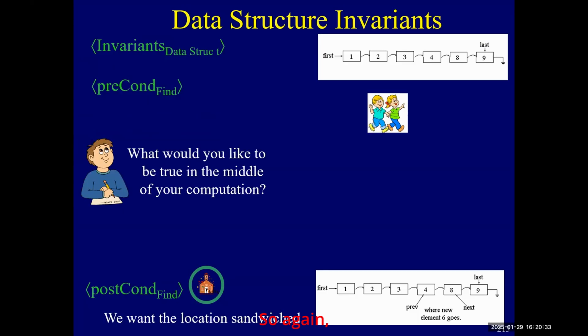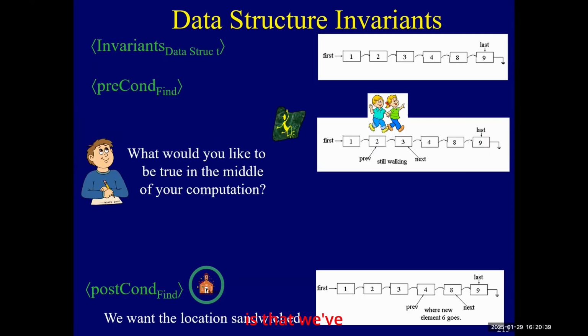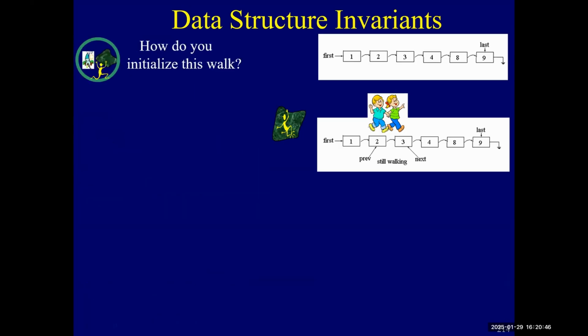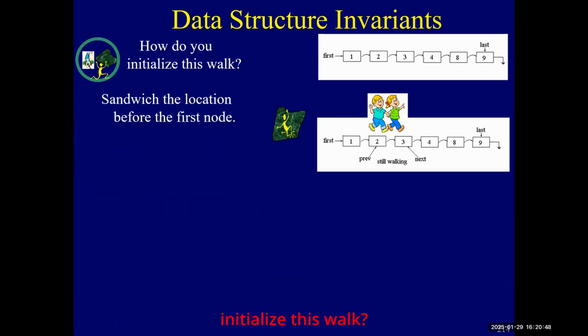So again, we need a loop invariant. What's going to be true in the middle? What's going to be true in the middle is that we've walked part way. So how do you initialize this walk? You could sandwich the spot before the first node.